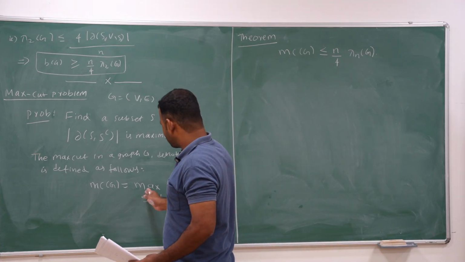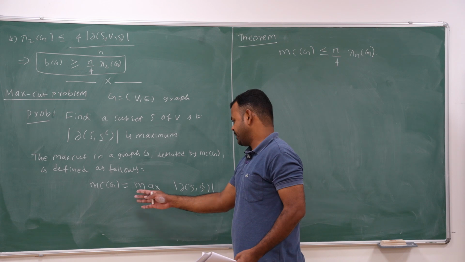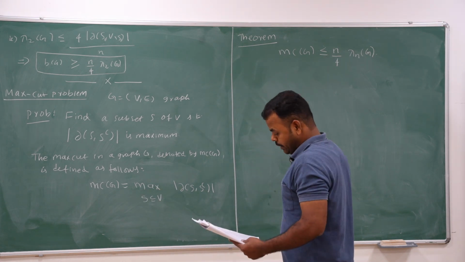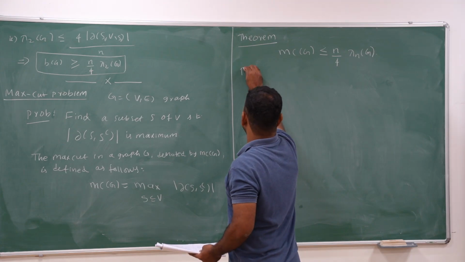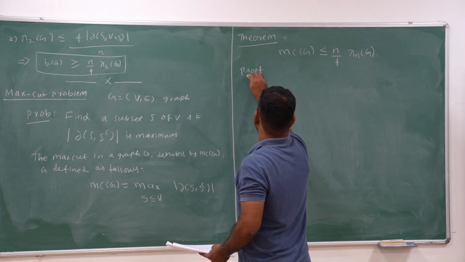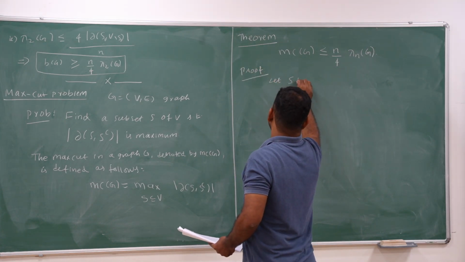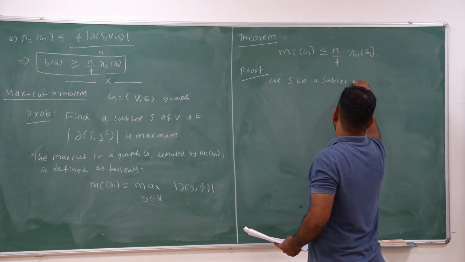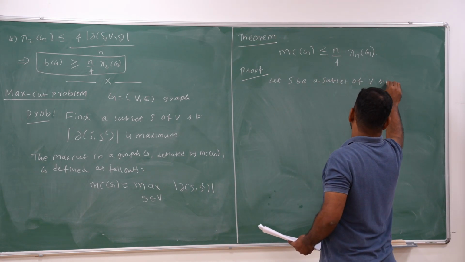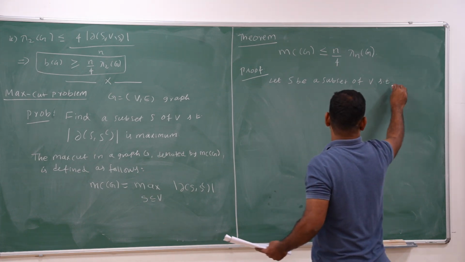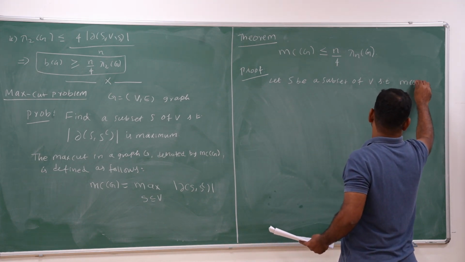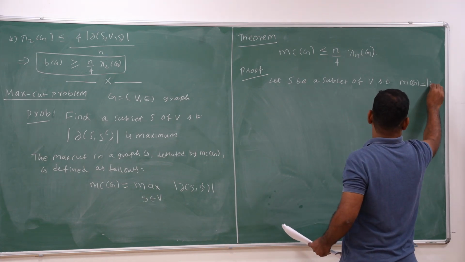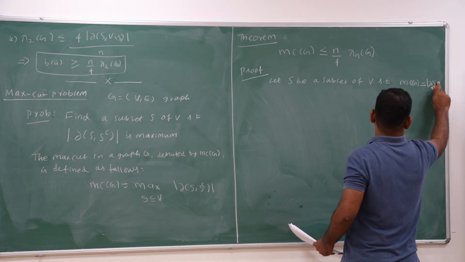Again we are taking the maximum over subsets of V. It's a finite collection, so the maximum will be attained for a set. Let S be a subset of V such that the maximum is attained, such that MC of G is equal to the cut of S, S complement.